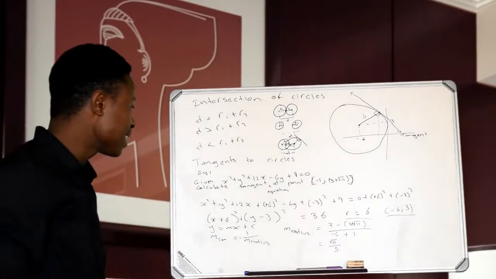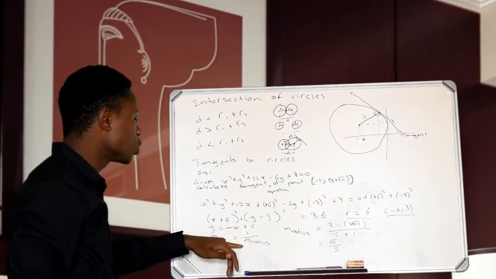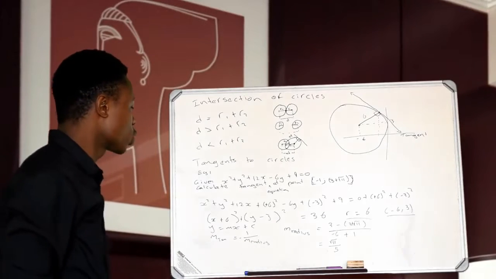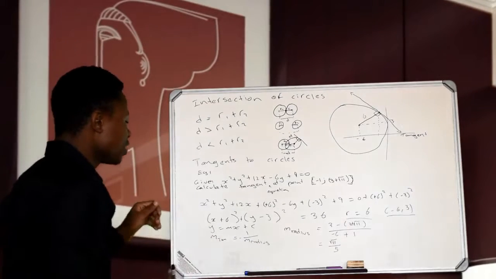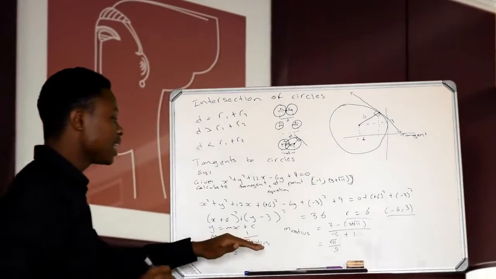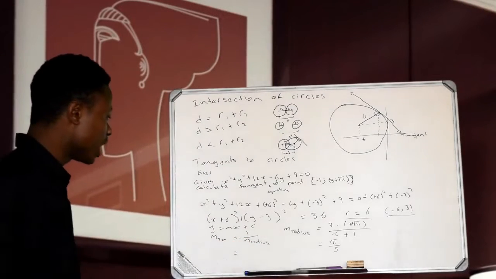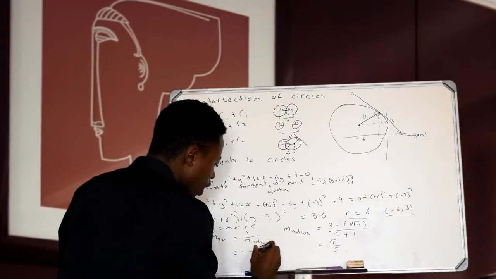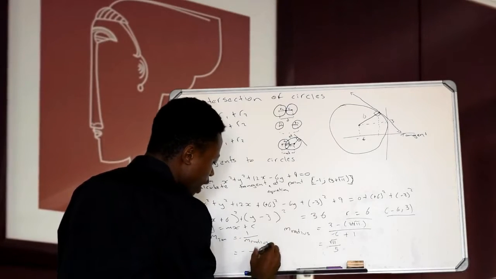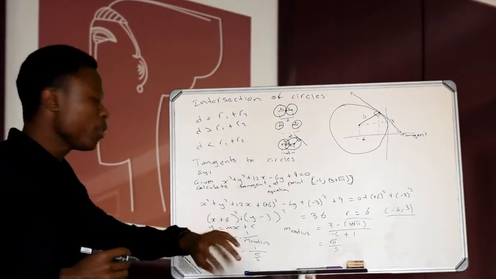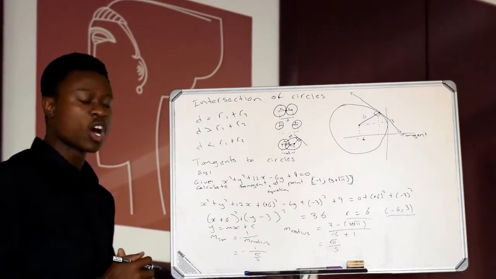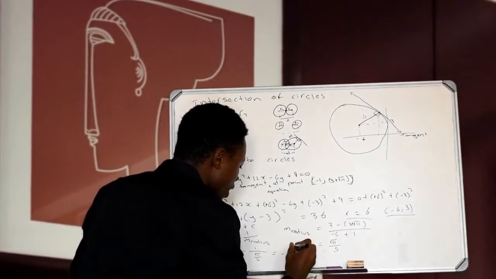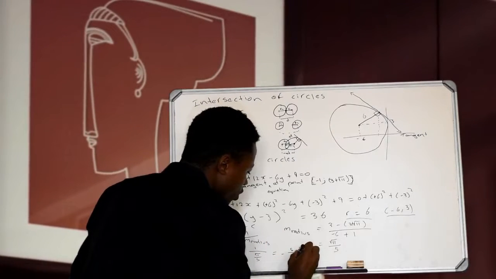But what did I just say? I said that m tangent is equal to -1 over m of radius. It means that m tangent will now be equal to -5 over root 11. Why? Because if I say negative 1 over root 11 over 5, this will go to the top. If I remove the 1 on top, it will reciprocate, so it just becomes negative 5 over root 11.